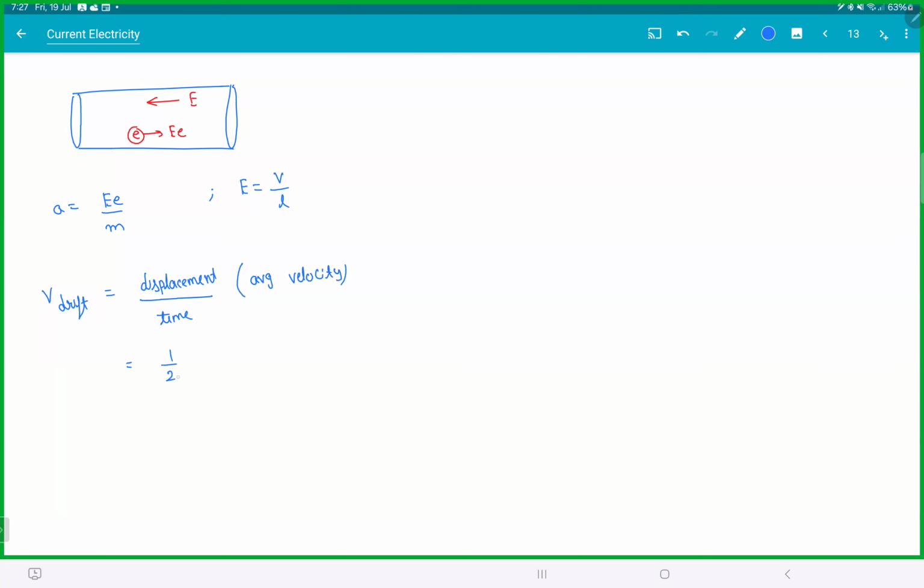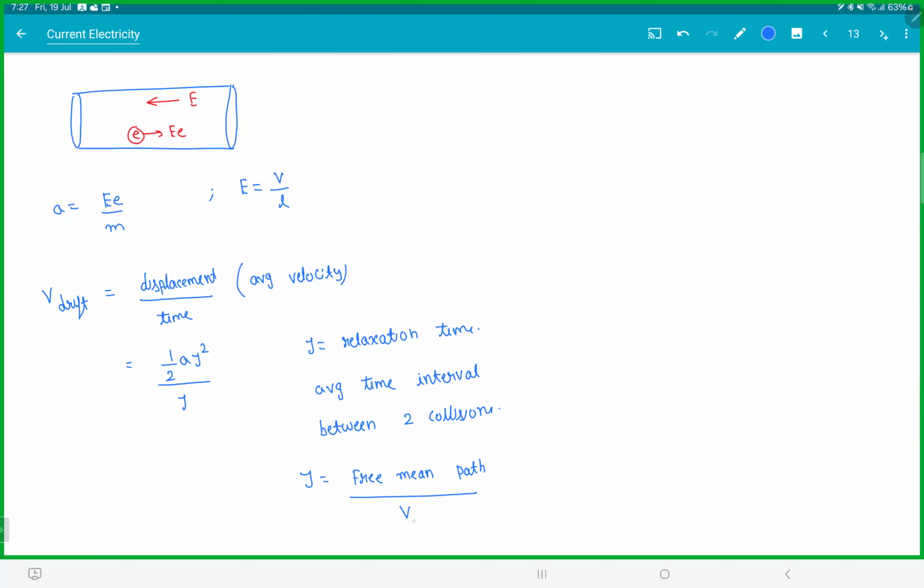So displacement will be half A tau square by tau. Tau is called relaxation time. This we studied in KTG if you remember, mean free path by this thing. So this is your average time interval between two collisions. If you remember, tau is given by mean free path by V mean, or V thermal in this case.